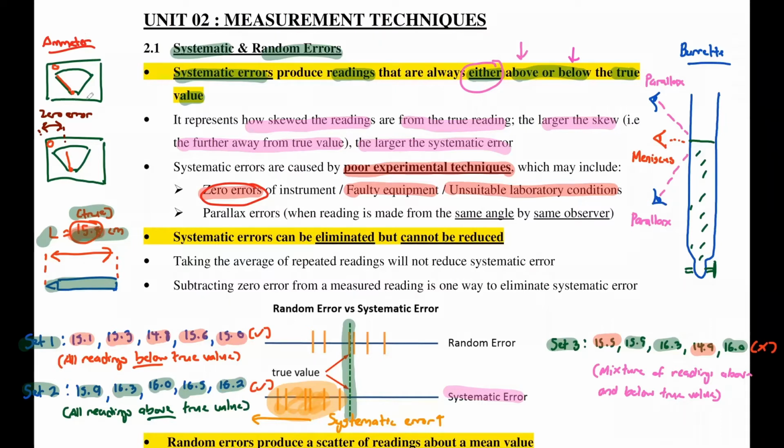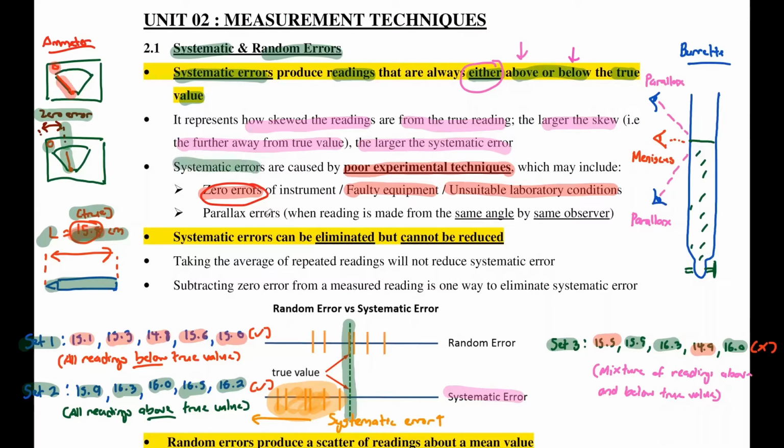If that ammeter is taken off a circuit, there's no current flowing through the ammeter, so you will expect the pointer needle to go back to zero. However, in some cases, you might see that the pointer needle doesn't go back to 0, it maintains at some non-zero value. This is what we mean by zero error. You're not getting a 0 reading when you're supposed to, or in other words, you're getting a non-zero reading when you are not supposed to.